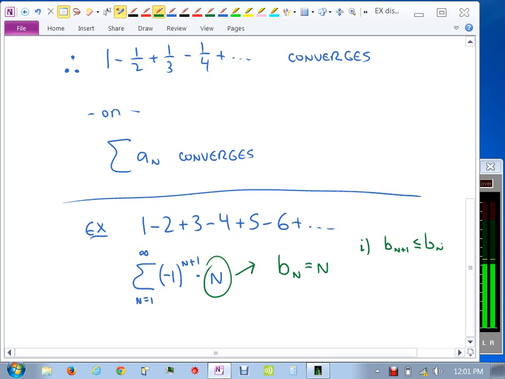No. See, here's the thing: we have to be careful. If these are all pluses, this diverges, and there's no question about that, right? If these are all pluses, the nth term test says n goes to infinity. Or you could turn it into a p series and say that it's infinite. But the negative one here creates an alternating series, and therefore you can't look at this part and say, oh, that's a p series, right?